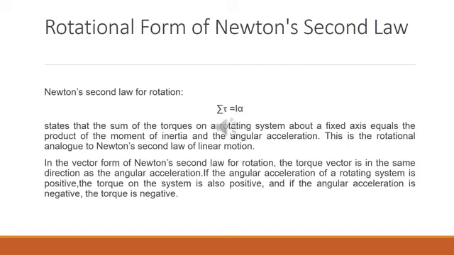In the vector form of Newton's second law for rotation, the torque vector is in the same direction as the angular acceleration. If the angular acceleration of a rotating system is positive, the torque on the system is also positive. And if the angular acceleration is negative, the torque is negative.